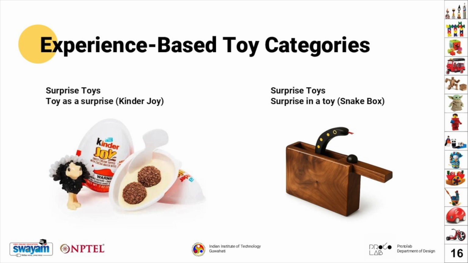The next is surprise within a toy. This type of toy contains an unexpected outcome beyond the child's anticipation or imagination. For example, a magical pop-up box or mechanism-based toy reveals something sudden.